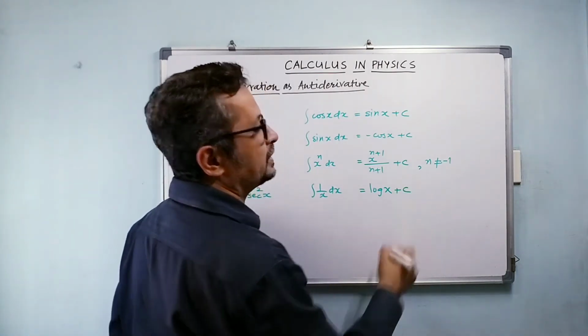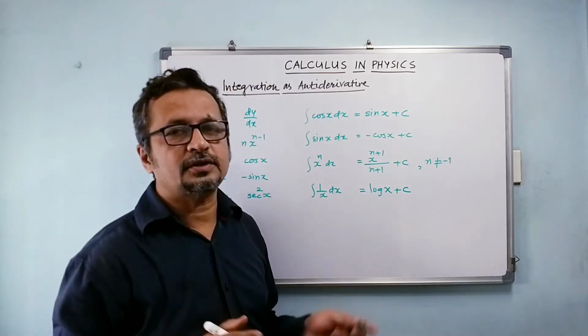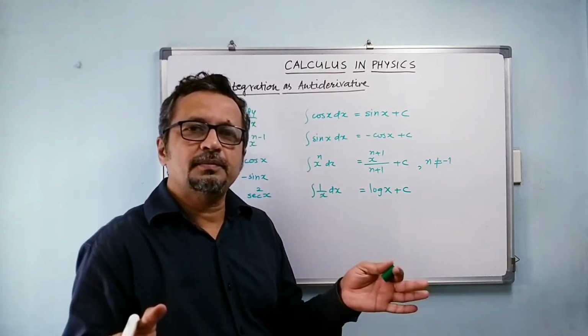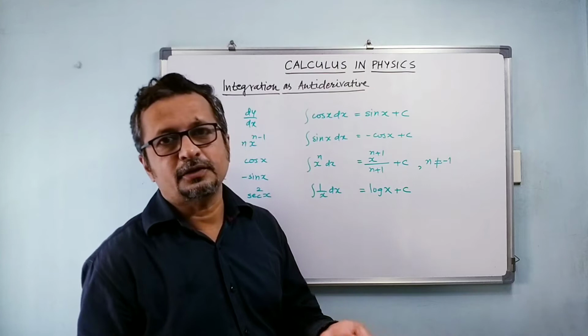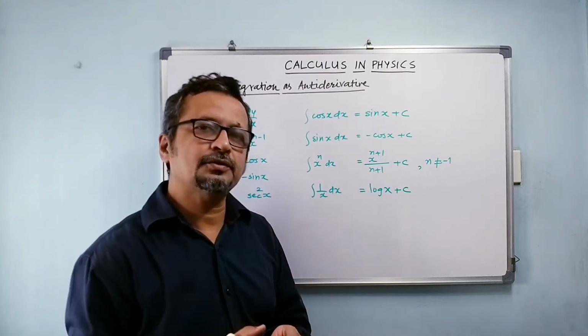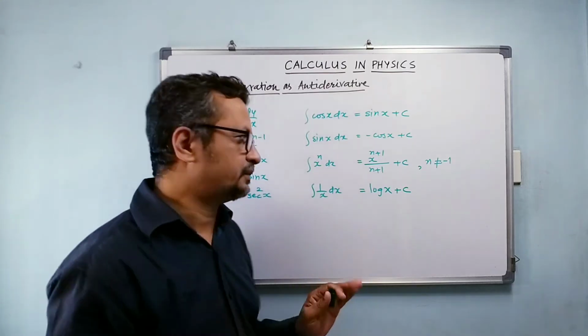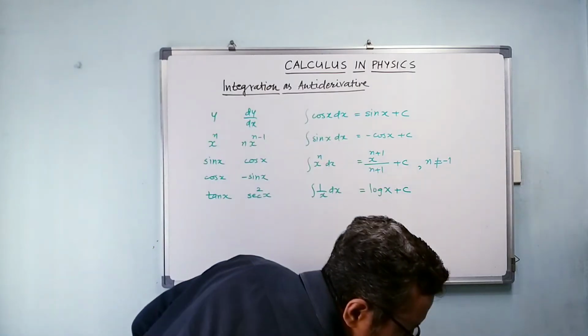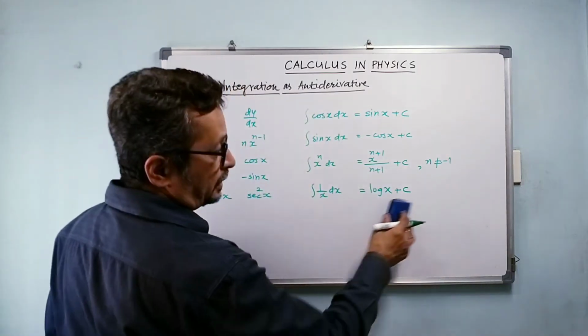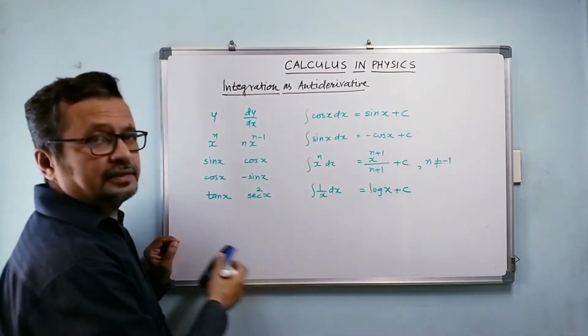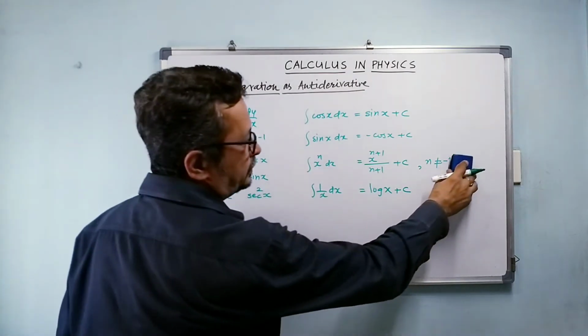And never forget adding the constant. But then in physics you will be dealing with some values, so definitely you are going to do definite integration, not indefinite one. So that is about integration as antiderivative. Maybe you can see this later also.